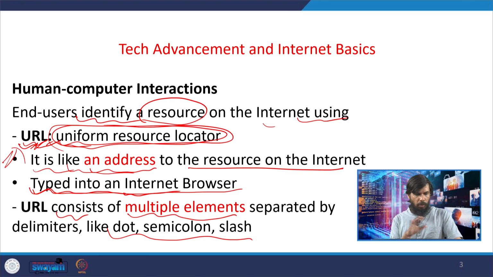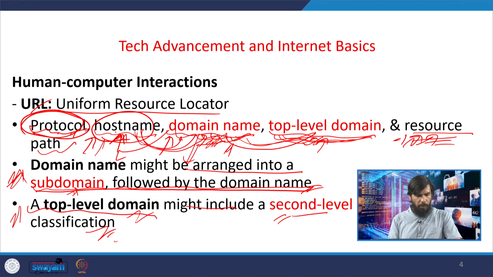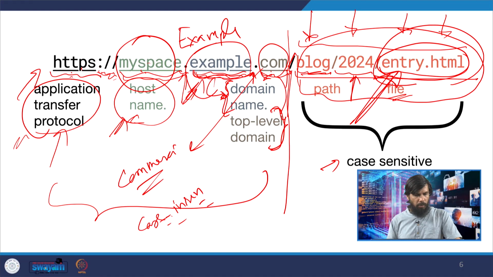So, the whole human computer interaction in case of the internet revolves around URL, and then the search for the URL itself, if you as an end user don't directly remember the URL. So this was about one example of URL.